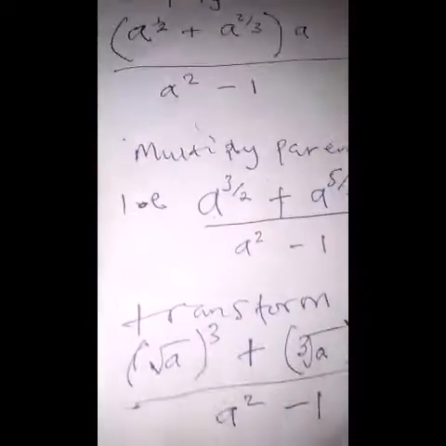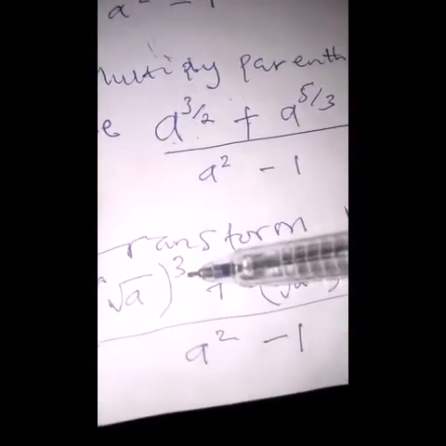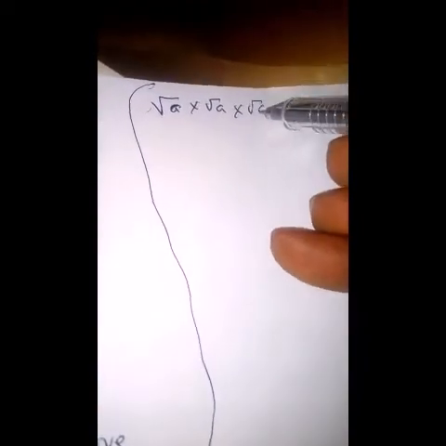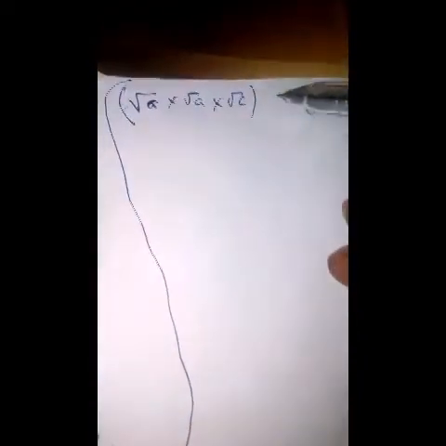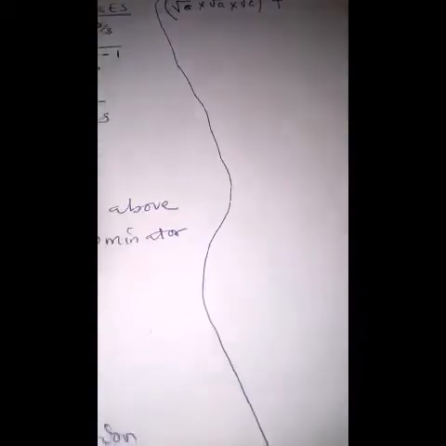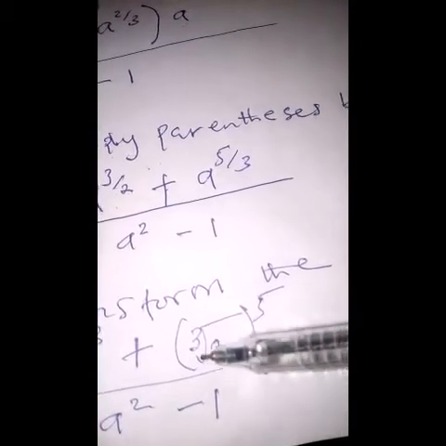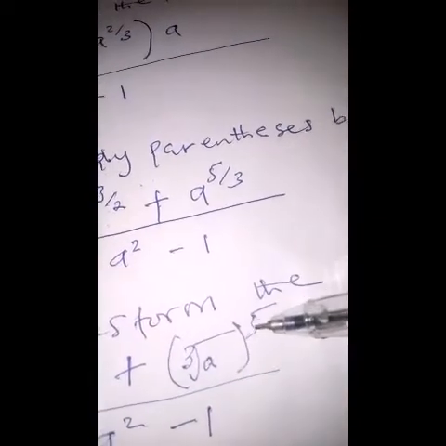You can see that root of a all raised to the power 3 is the same thing as root of a times root of a times root of a. Then plus, the same thing goes for our cube root of a to the power 5. Understand?